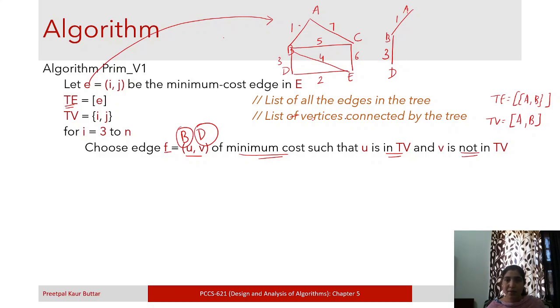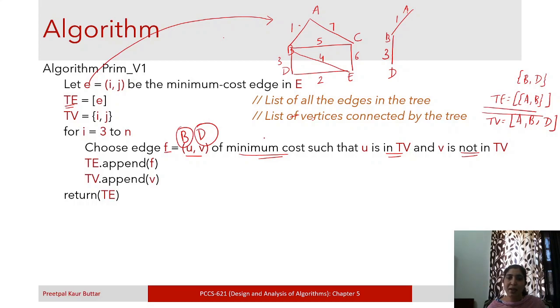So we pick this, and now TE dot append F. So this edge will also come inside TE, B comma D, right? And TV dot append V. V is D here, it will come inside this list, and we will keep on doing this, and at the end we will return the list of edges which are there in our minimum spanning tree, right?